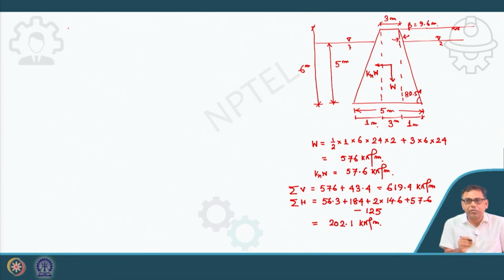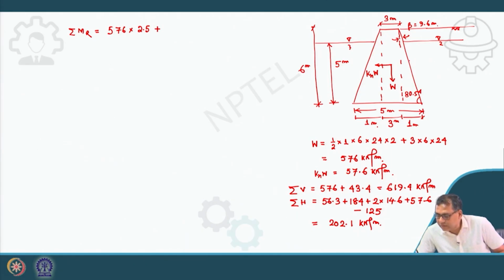But still we need to know the MR and MO, because we are calculating the E value. So, MR will be now 576 into 2.5, plus again this is the position of PAE.